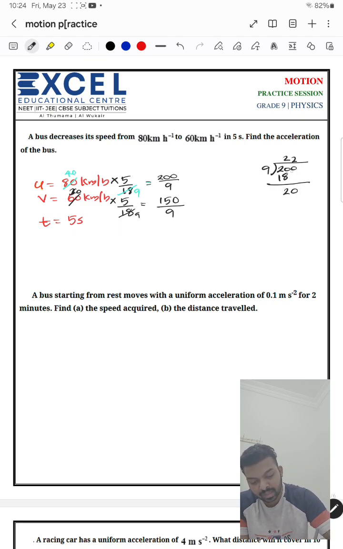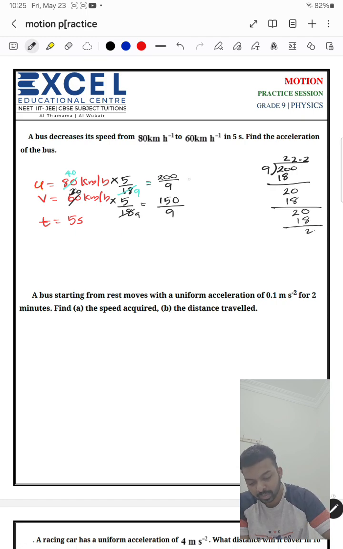Okay, so it is 20 again. 2 times we have given, so again 18 will be the remainder. There is no one here, so you can put the point here. 2 is not possible, so you can put 0 here. Again, you can put 2 here. So this particular thing goes on.